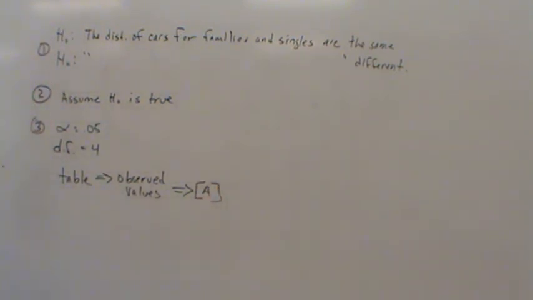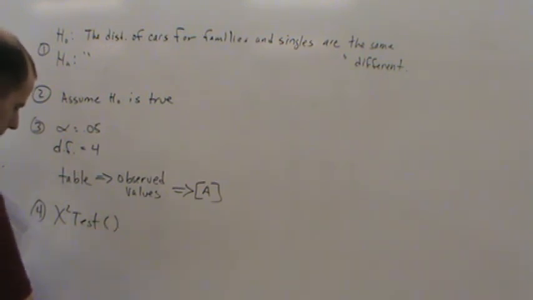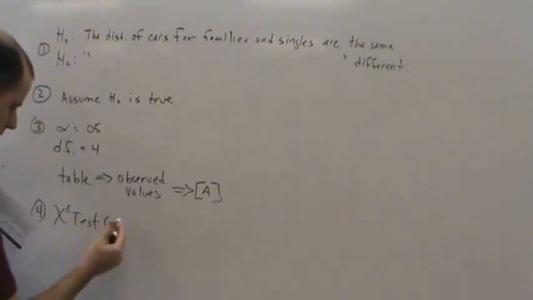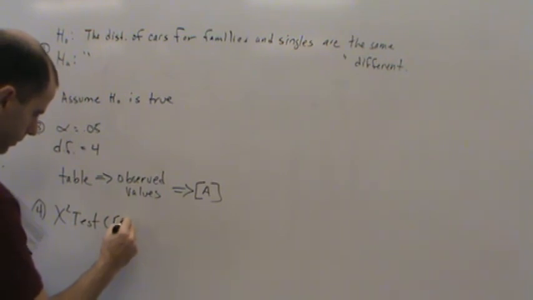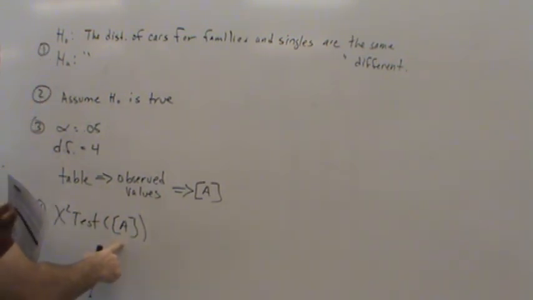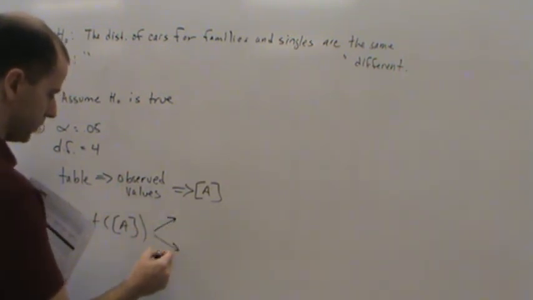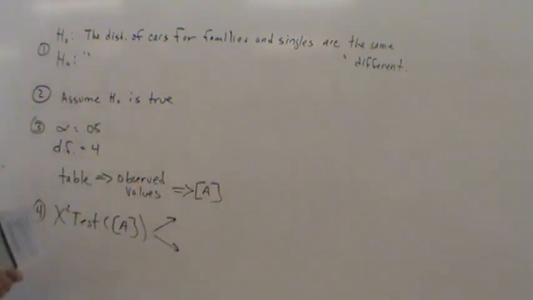Okay? And then step 4 is just going to chi-squared test and putting in our A matrix, right? In fact, it's already going to be defaulted, so actually you could just go down to calculate because it assumes A and B. So as long as you put your matrix in A all the time, you just go down to calculate.